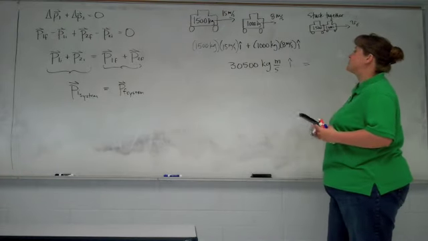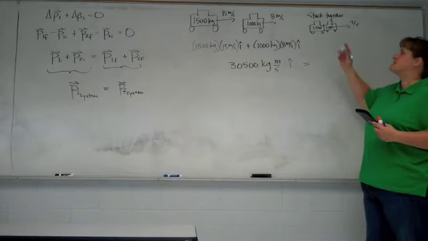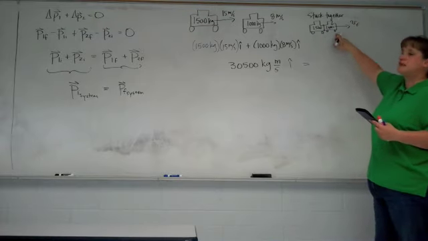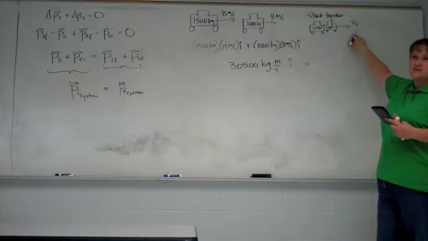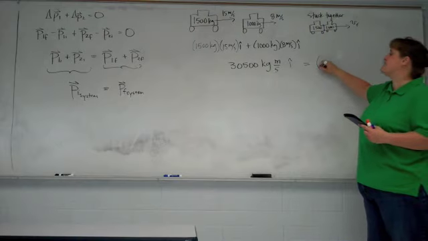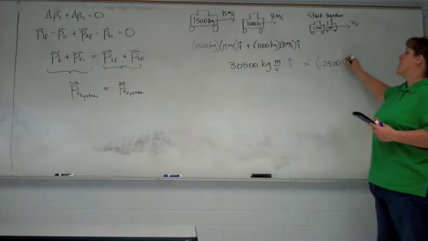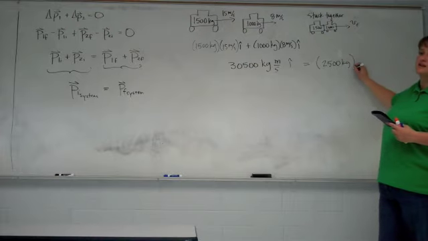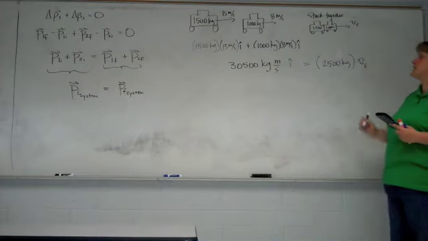So this has to equal the final momentum, but the final momentum is the momentum of car 1 final plus the momentum of car 2 final. Since they're moving at the same speed, because we said they stuck together, that's the same as saying one object of a mass of 2,500 kilograms moving at some final velocity.